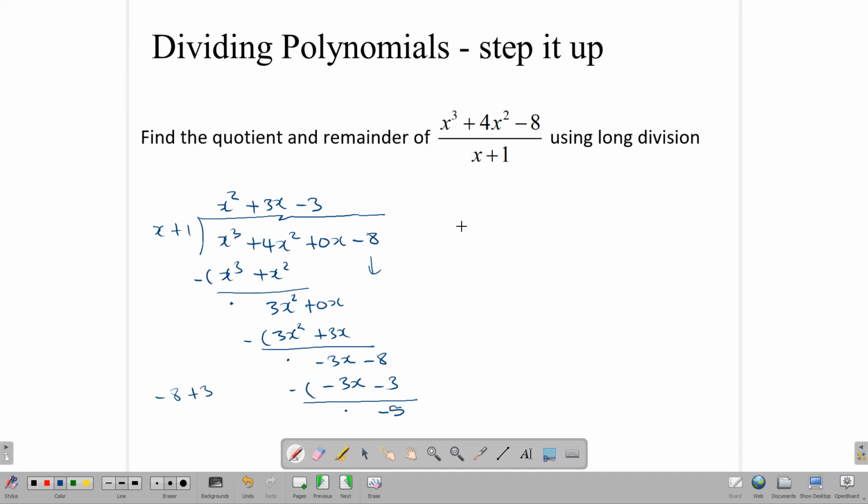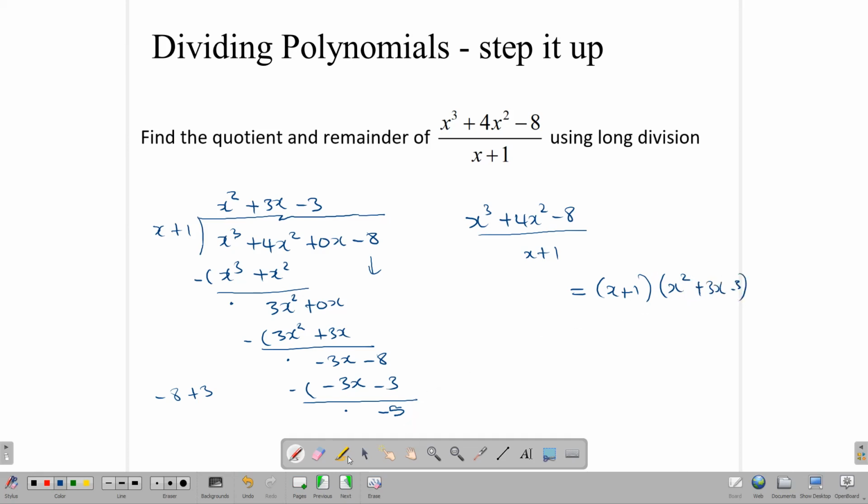And so x to the third plus 4x squared minus 8 divided by x plus 1 is equal to this divisor here, x plus 1 times x squared plus 3x minus 3, plus our remainder.